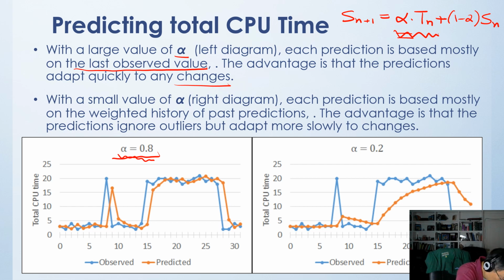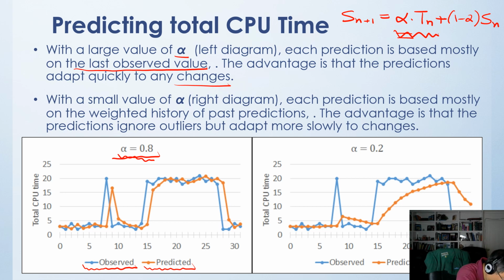So look at this diagram. The blue color is the observed CPU burst time, and the orange color is the predicted. The predicted pretty much follows the previous observed, because there's always a delay for the predicted value, since the predicted CPU burst time is based on the previous observed CPU time.